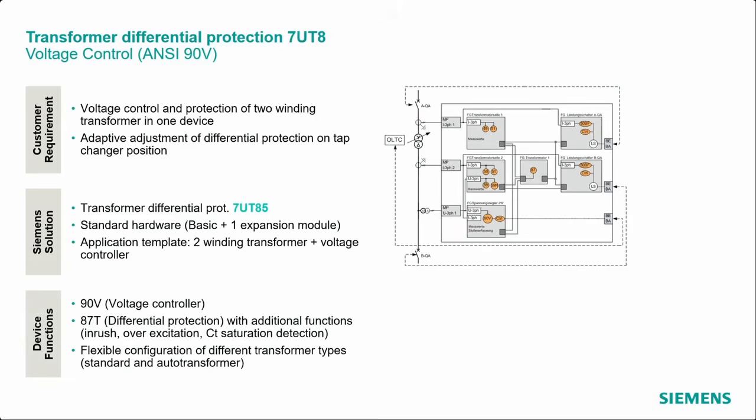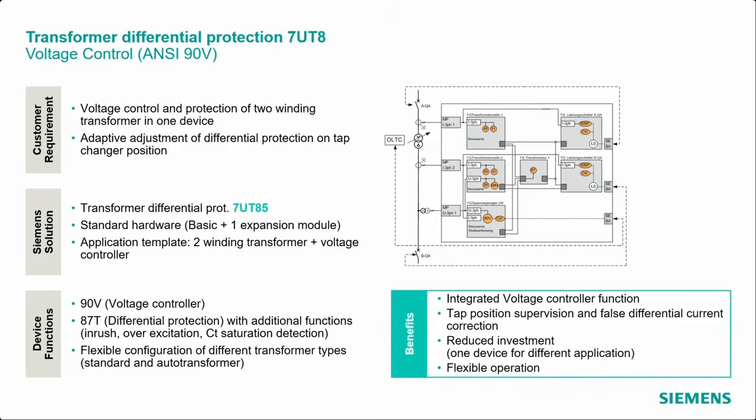And here we also have an application template for that. That means we have the 2-winding transformer plus the voltage controller. You can start with that application template, and of course, due to the integration of the voltage controller, we reduced the investment.